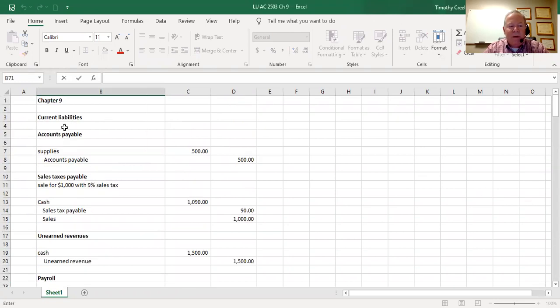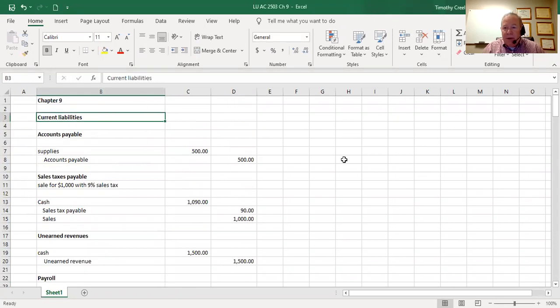Of course, a current liability is any liability that's going to be paid off within a year. Some typical current liabilities would be accounts payable, and some of the payables related to the adjusting entries that were looked at in an earlier chapter, such as interest payable.